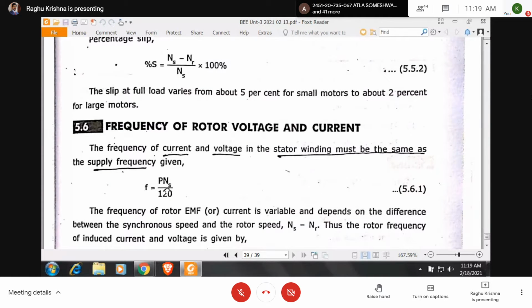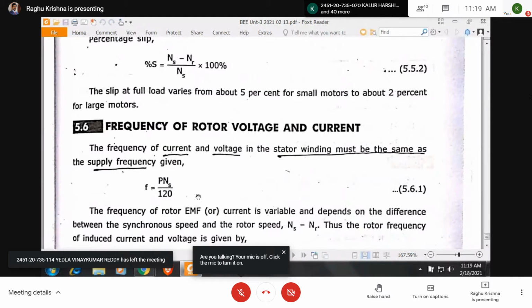How you got this: it is obtained from Ns equal to 120 F by P. To rearrange, you get F equal to P Ns by 120.